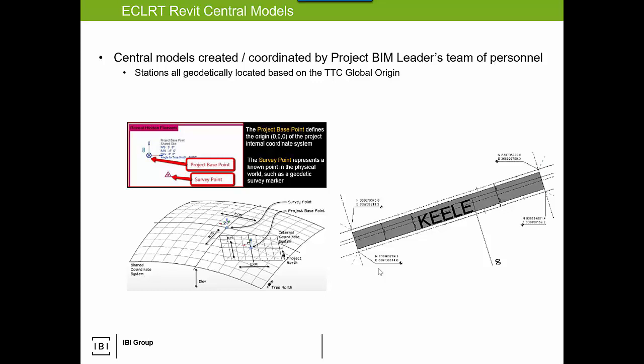This is an effort in itself to build a proper understanding of transition of ground survey information to grid survey information, bearing in mind the geospatial restriction that is housed within the Revit environment. If you were doing these stations with Bentley EcoSim, this survey base point, all of that's irrelevant. But in the Revit world, you're confined.